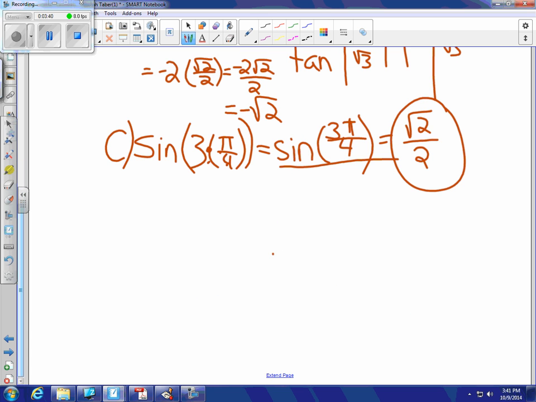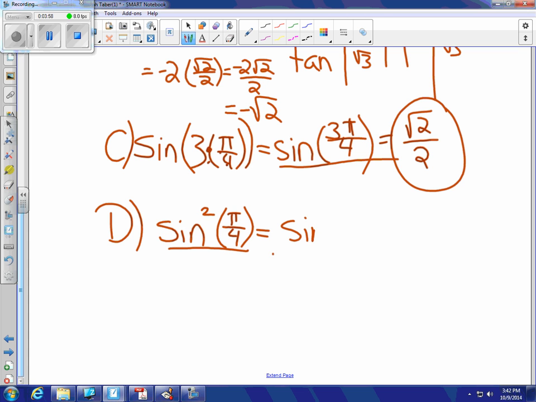The tough one. Sine squared pi over 4. Now, you might be thinking, okay, let's square pi over 4. No, that is not what you're going to do. This is the same thing as saying sine of pi over 4, all of it, squared.